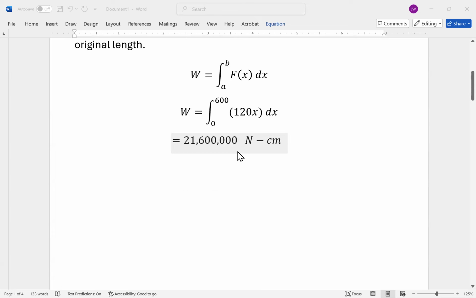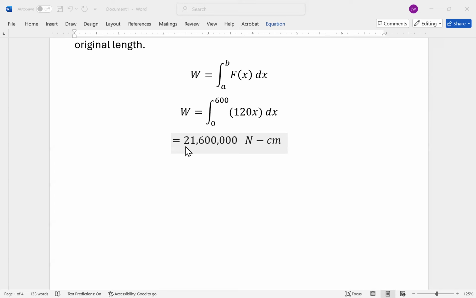This is a lot of joules of force. Obviously, Newton centimeters are not the same thing as joules, but if you divide by 100, you get joules. And 15 joules is what it feels like, apparently, hitting your hand against a wall, like kind of punching a wall in a moderate fashion.